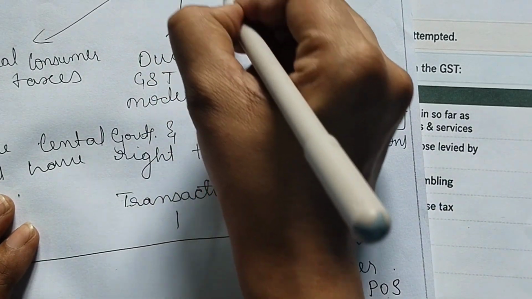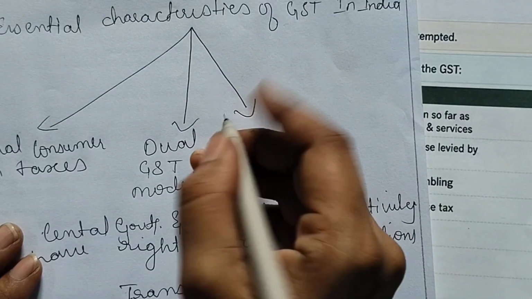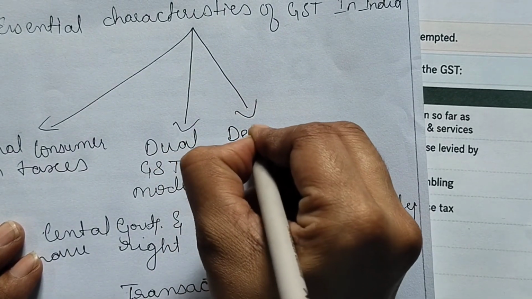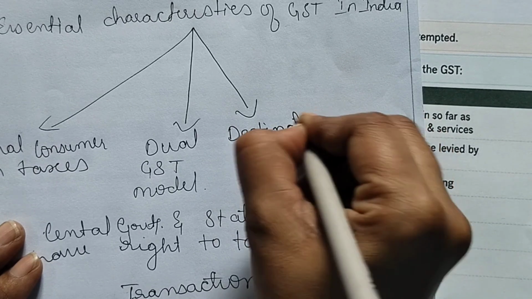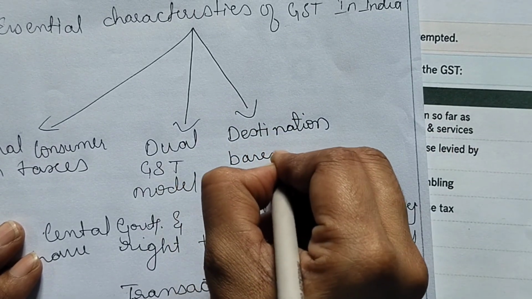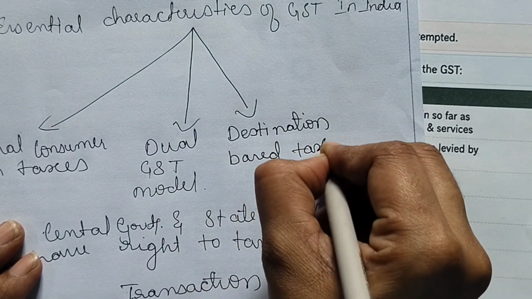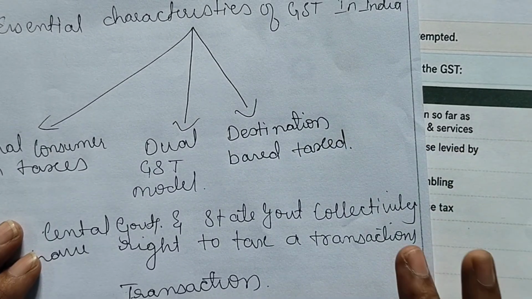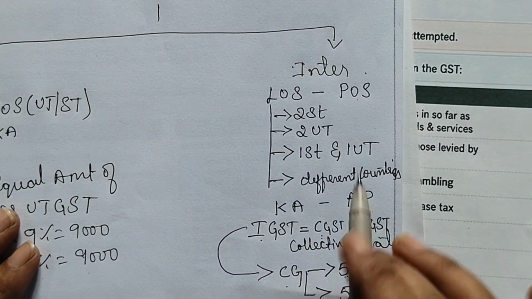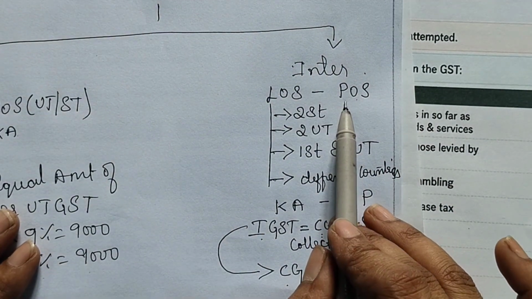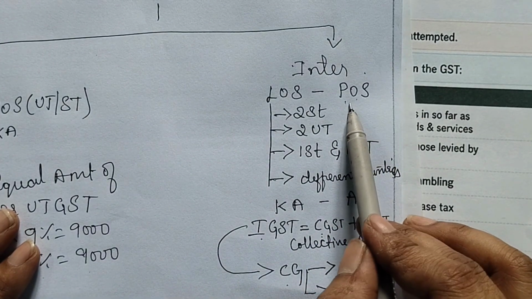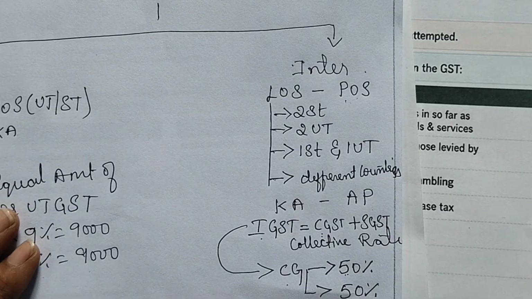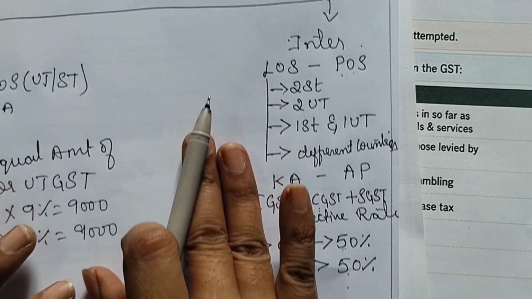That is why another characteristic of GST is that it is a destination based tax. It is not origin based, it is a destination based tax. So, what is my destination here? Place of supply. It is remitted to the place of supply, that is Andhra Pradesh, 50%.